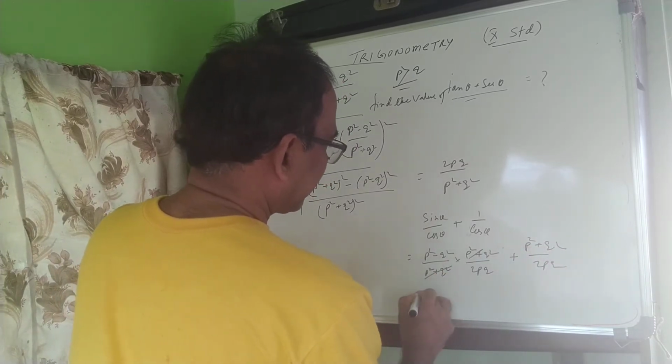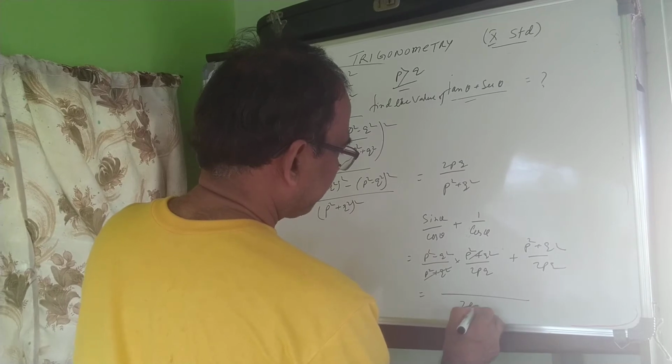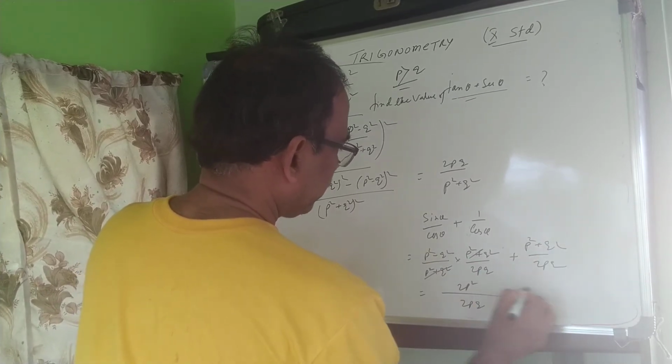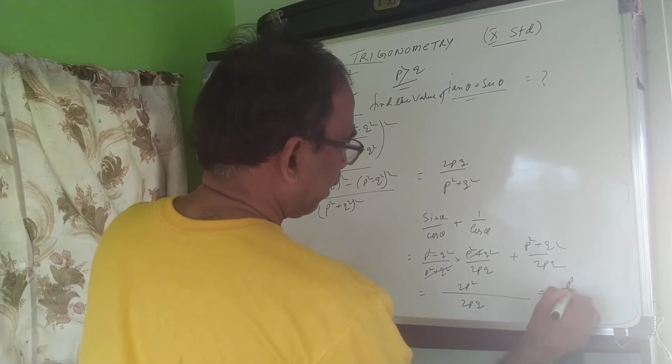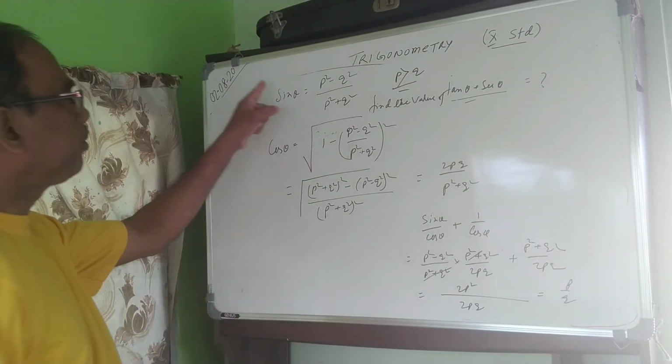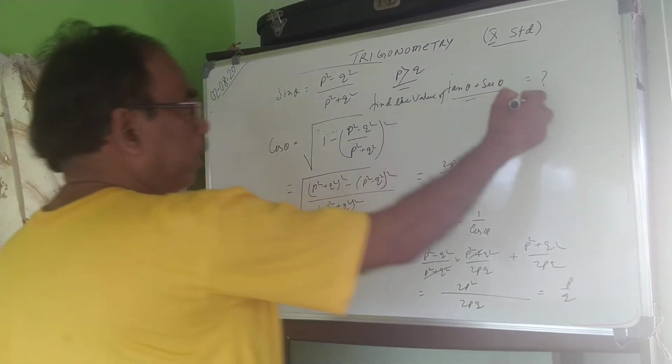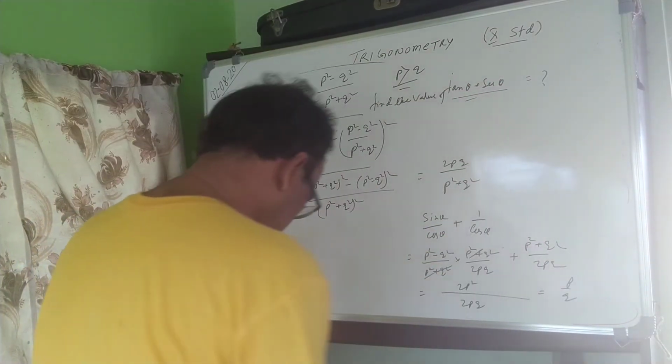Here this and this cancel with 2pq as the common denominator, that is 2 p square by 2pq, that is p by q. So using the trigonometric formula you can do this, or with the triangle formula you can do this.